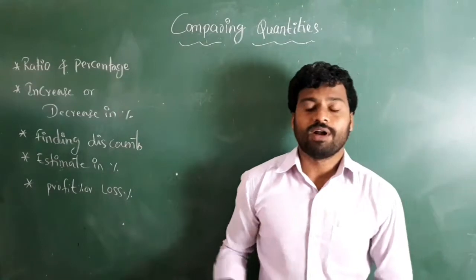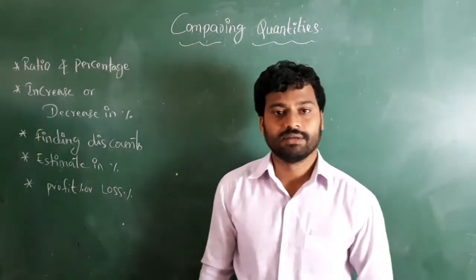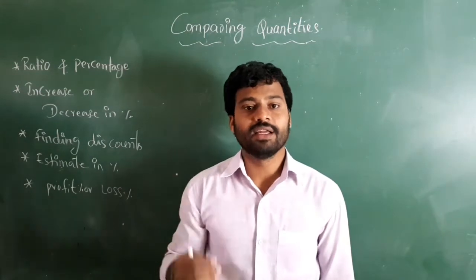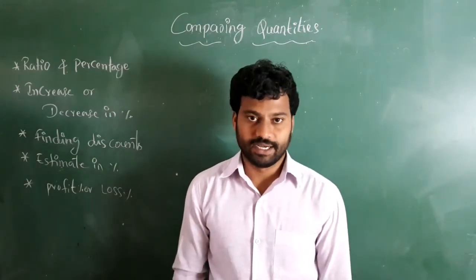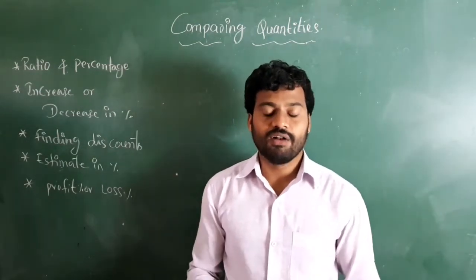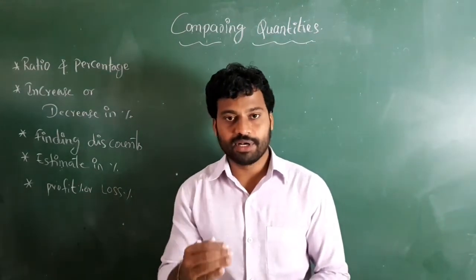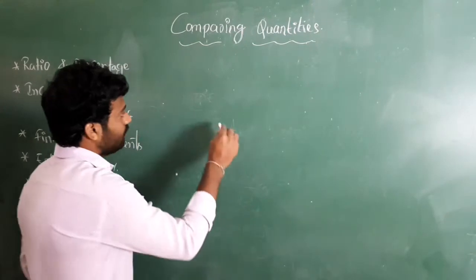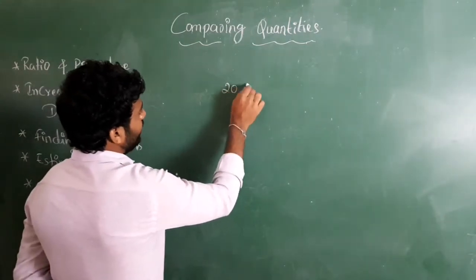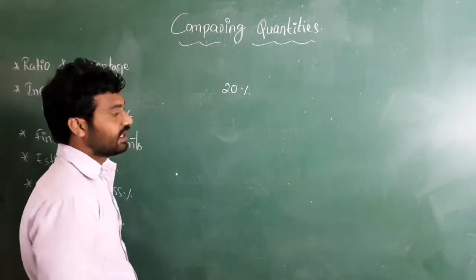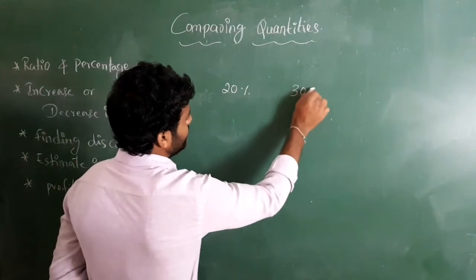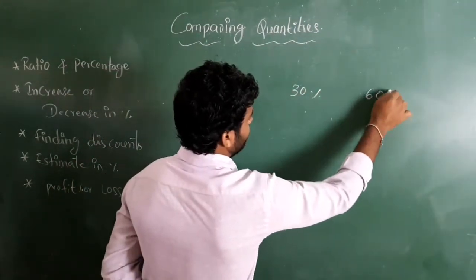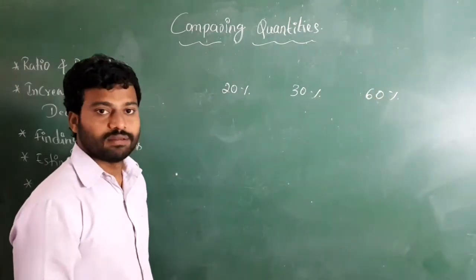So, what about percentage? Percentage is nothing but a number with the denominator 100. Always in percentage, the denominator will be 100. Generally you might know, anyone will use 20%, 30%, 60% in this way.